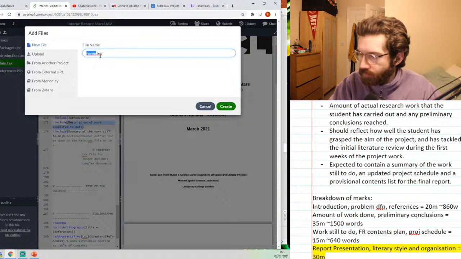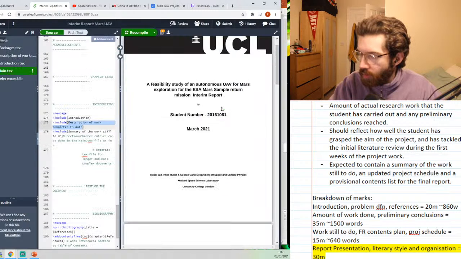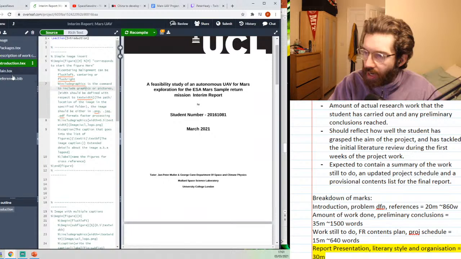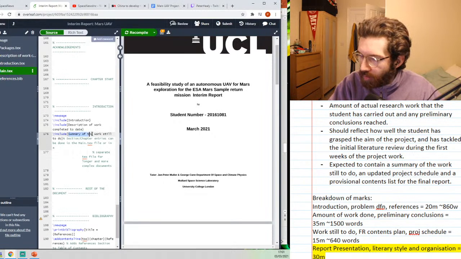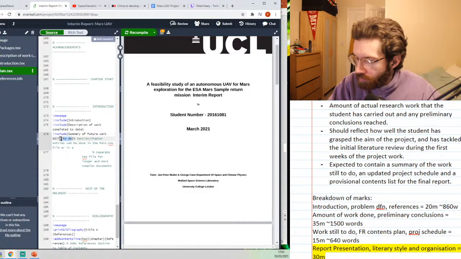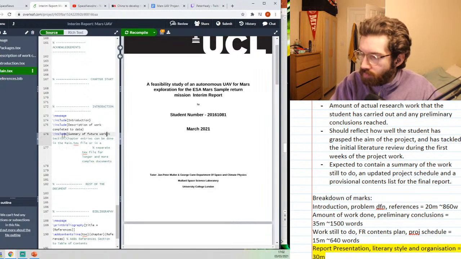So new file, here we go, create. I think it's just done alphabetically, right? Okay. And the last one is summary of the work still to do. It's maybe summary of future work, or maybe completed work.